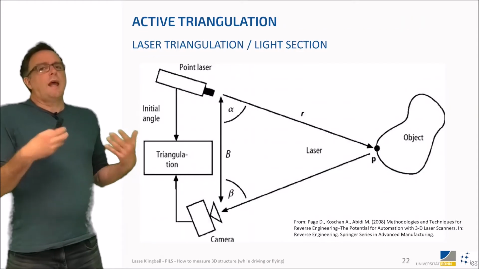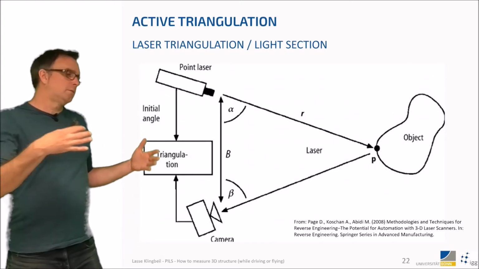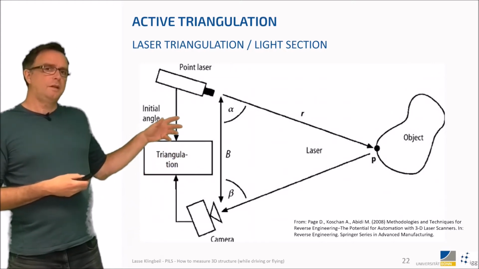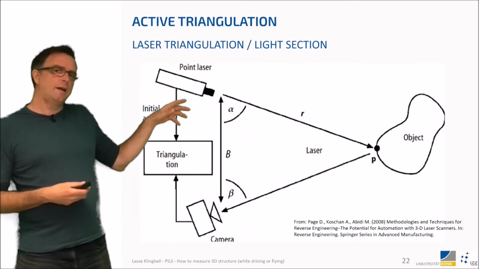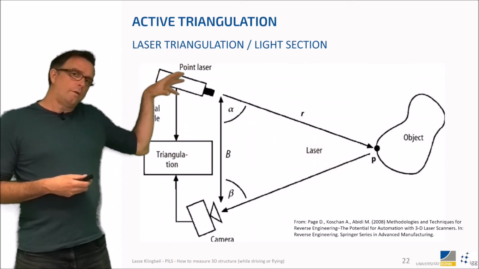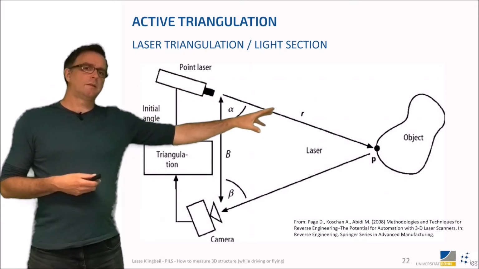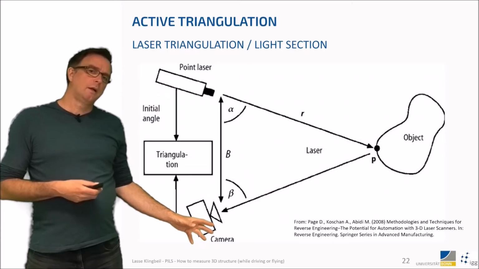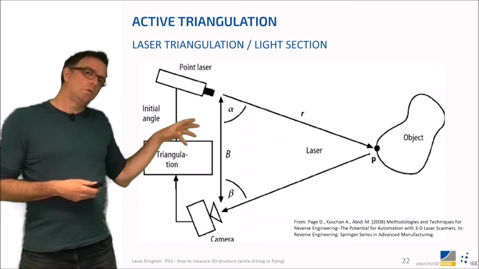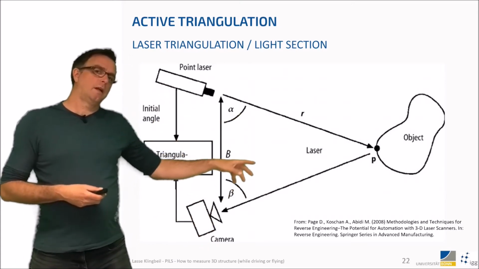So then there's something called active triangulation, and it has the same mathematical background, but here we're not looking at the object from two different sides. On one point, we emit some light, which is then reflected to the camera. And if we know the relation between those two, we can again get two angles and measure the distance.